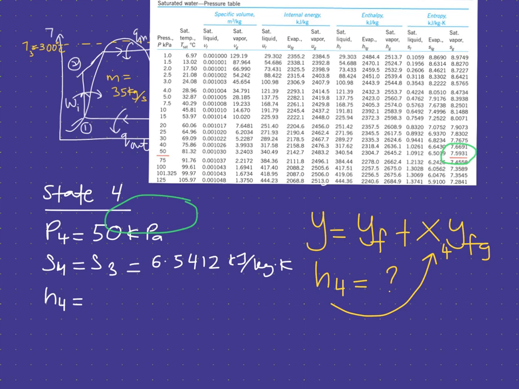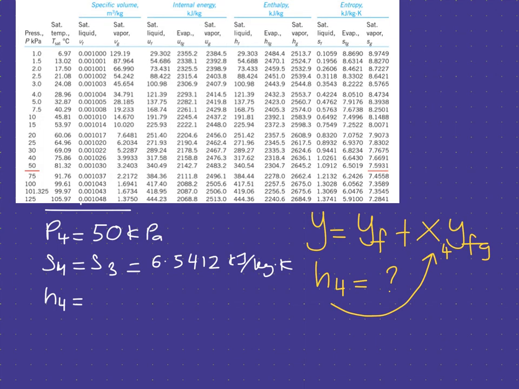Thus, in looking for your H4, you need to make use of this equation over here. I'm going to show you how to make use of these equations. In solving for H4, you will need hf plus x4 hfg, where hf and hfg can be obtained from your property table at 50 kilopascal.